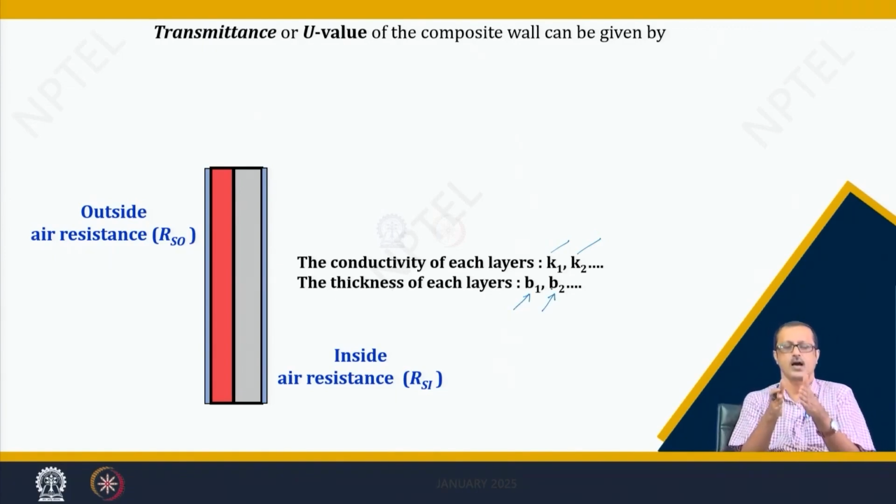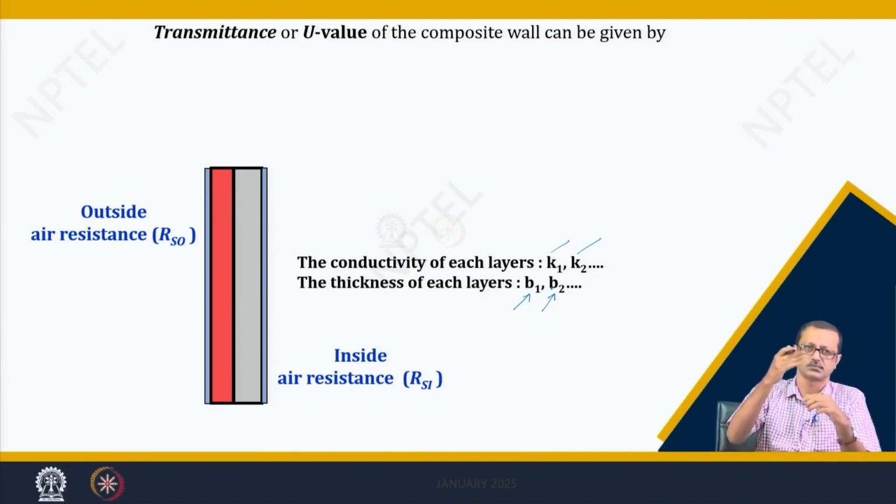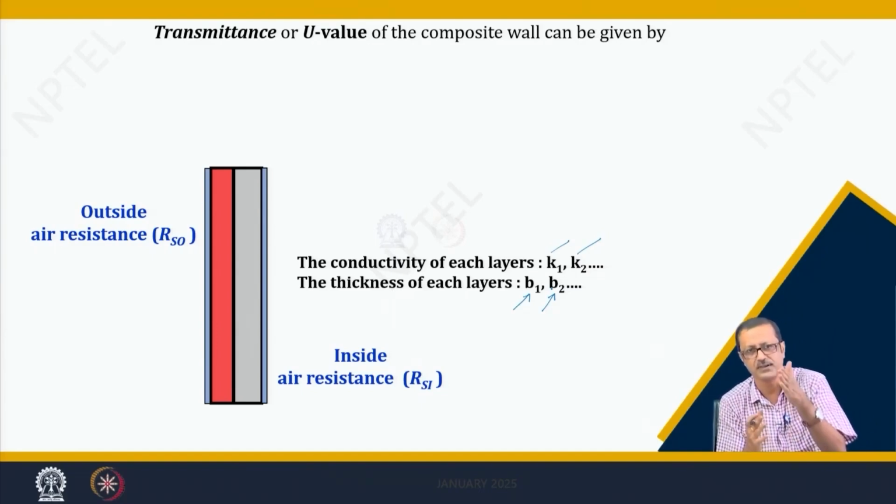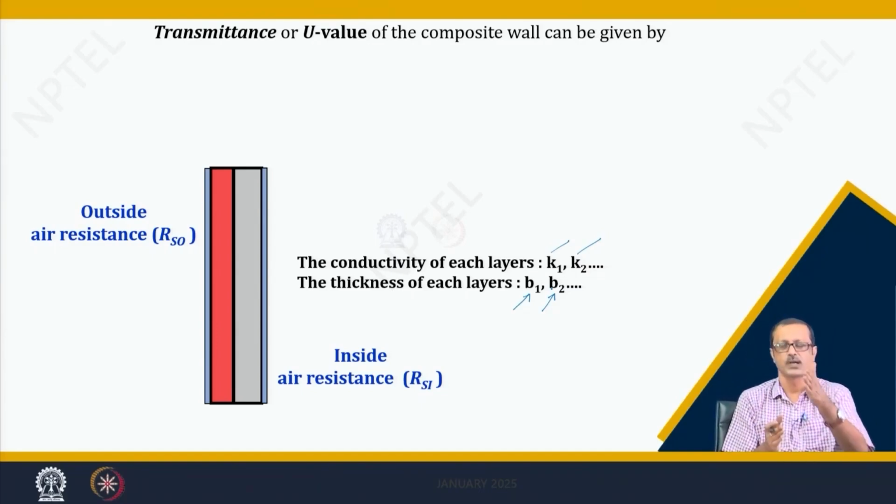And the wall will have some surface resistivity, which tries to resist the heat conduction, and that depends upon a lot of things: the color of the wall, the texture of the wall, and the film of air on both sides of the wall.